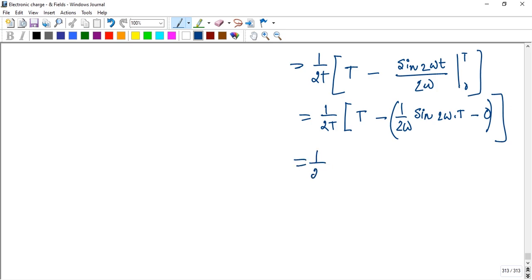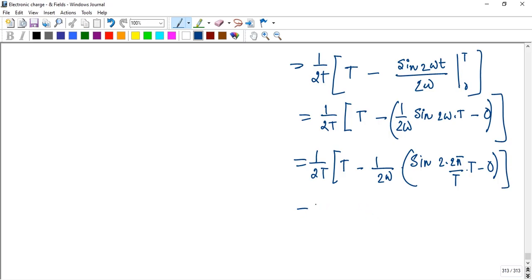Omega equals 2 pi by T, so 2 pi by T times T gives sine 4 pi, which is 0, the whole term is 0 here. So we get 1 by 2.